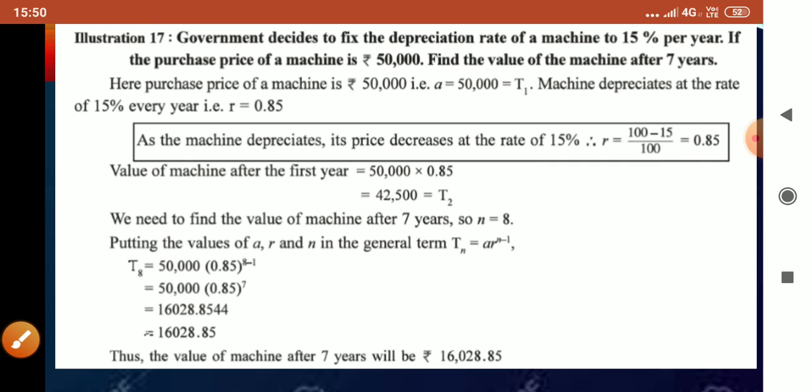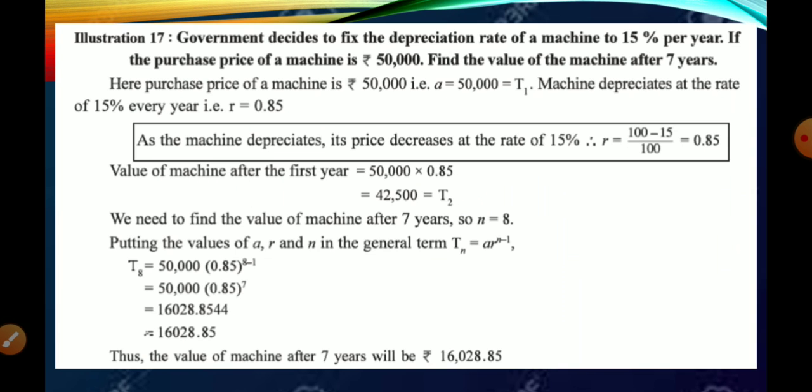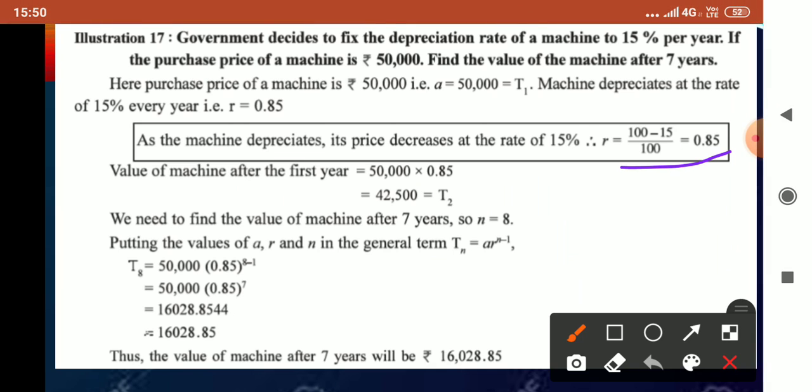Or you can do it like this: r equals 100 minus 15 upon 100, which is equal to 0.85. So 50,000 into 0.85 is equal to 42,500. So your second year value of the machine is 42,500. In this way you can find your R as well as your second year amount.